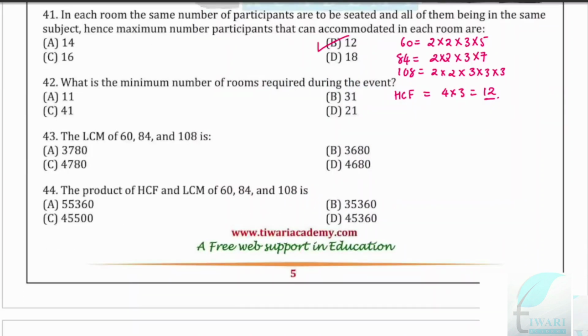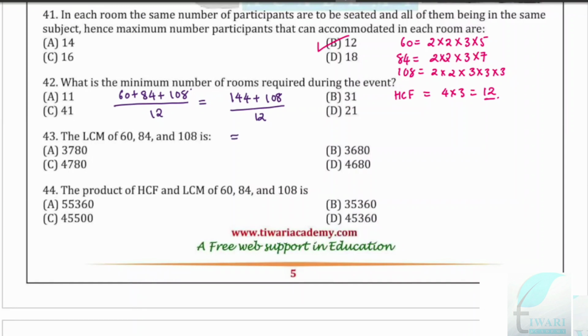Question number 42. What is the minimum number of rooms required during the event? So how can we calculate the number of rooms? So we need to calculate the total number of participants, that is 60 plus 84 plus 108, divided by the number of participants in each room, that is 12. That is 60 plus 84 is 144, plus 108 divided by 12.